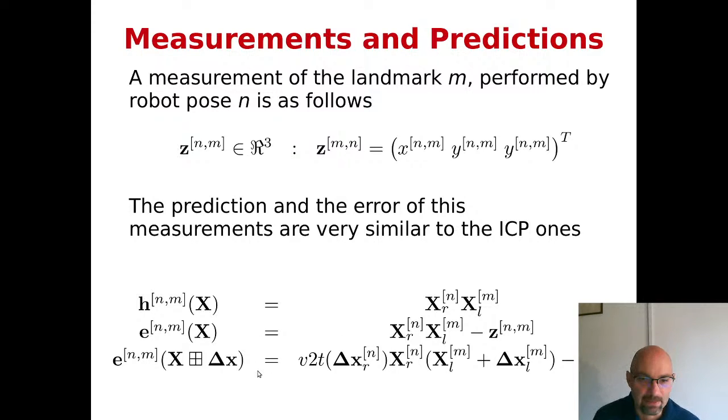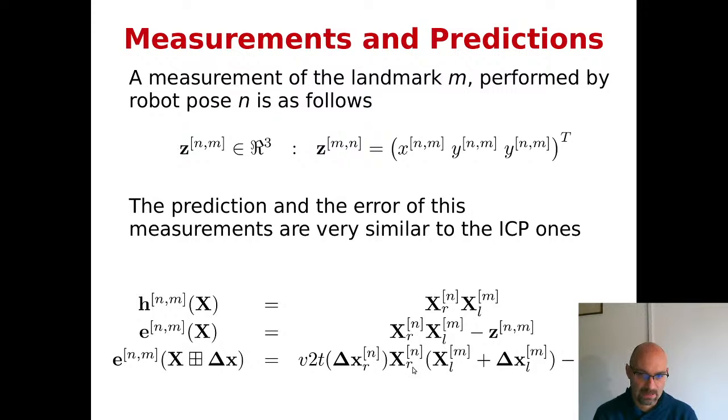And this is the expansion of the application of the box plus over delta x to both variables that are involved in the measurement. In particular, this is the box plus over the robot position, and this is the box plus over the landmark position. To understand why it is like that, just look back at the definition of box plus.